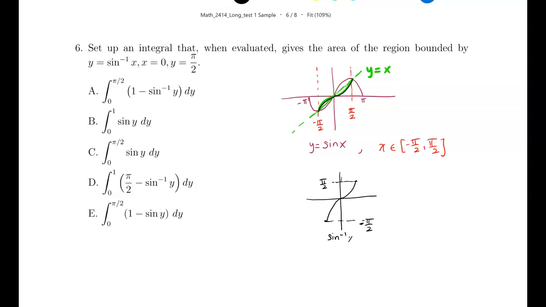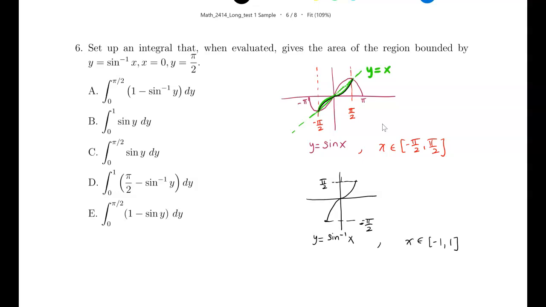So for sine inverse of x, its range is from negative pi over 2 to pi over 2. And then what would be your x? The x is from negative 1 to 1 for the inverse function.